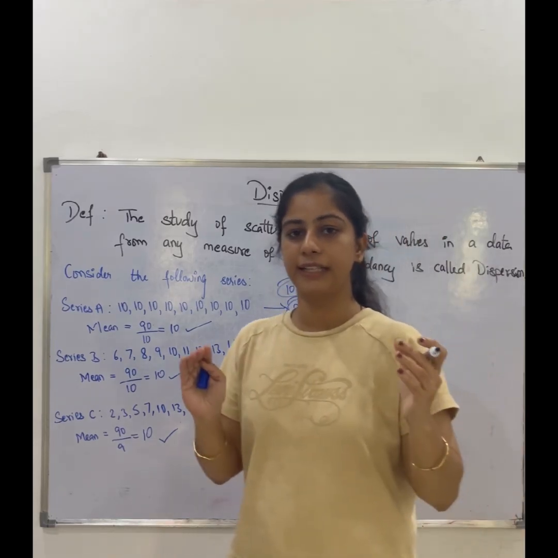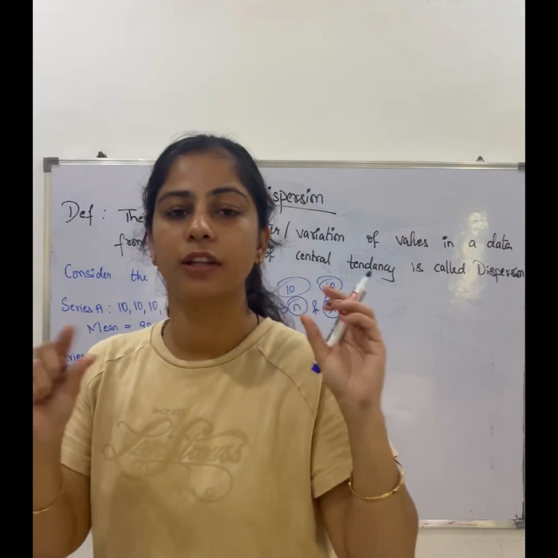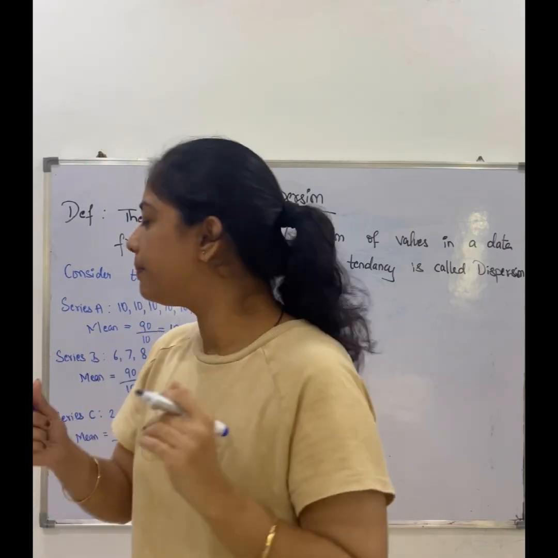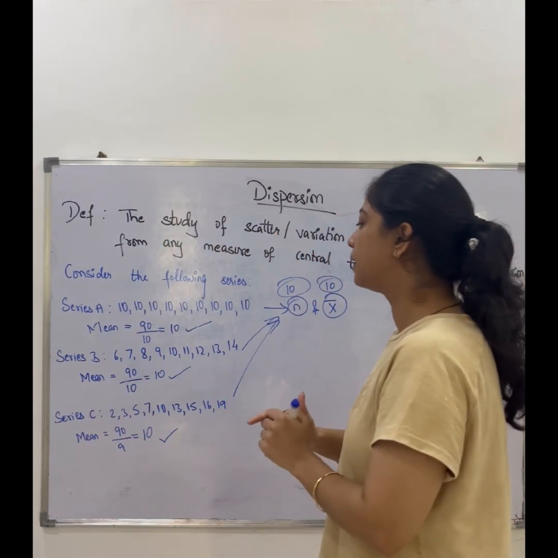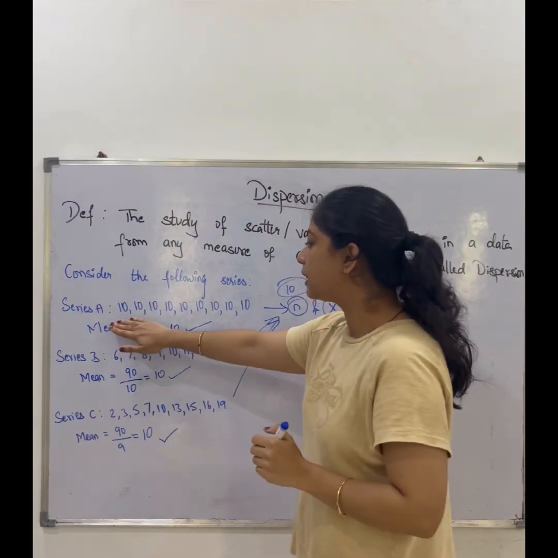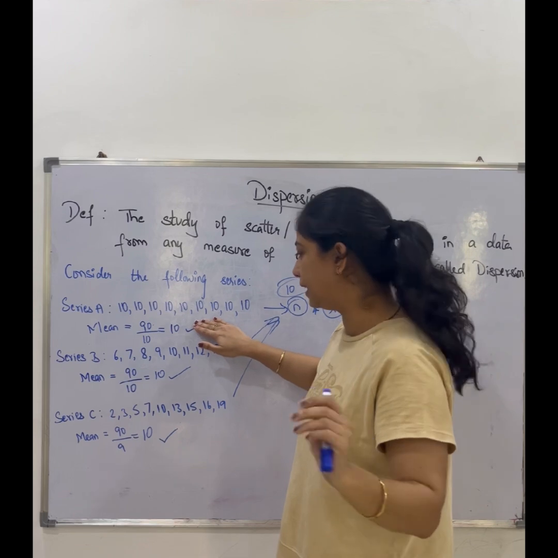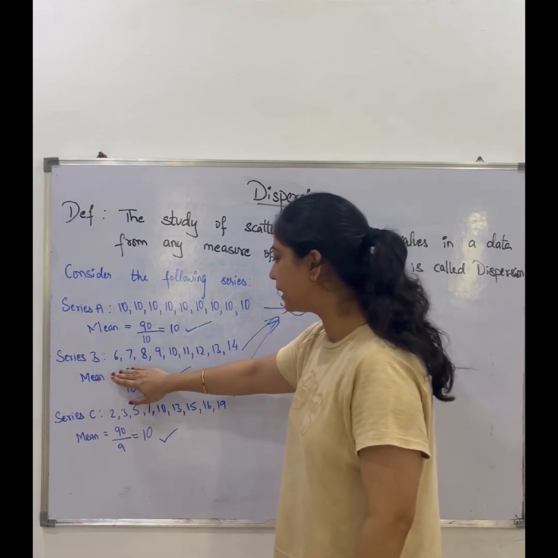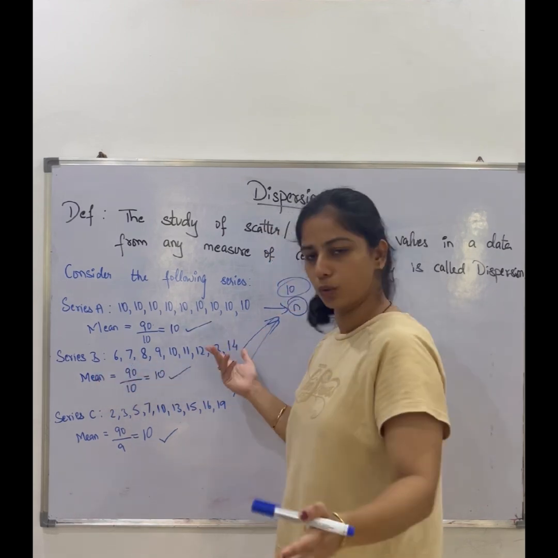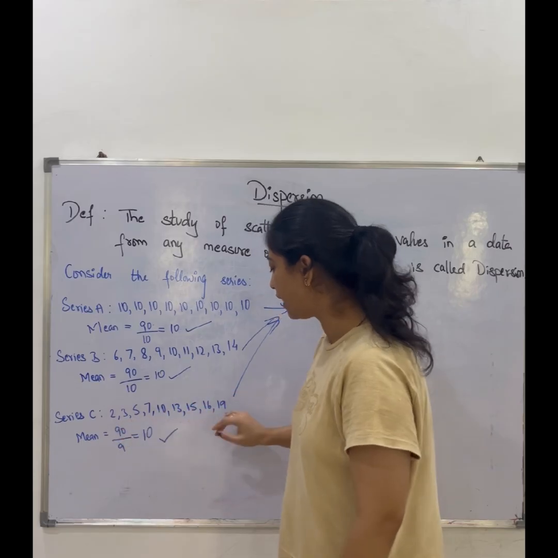What is different is the numbers or the given observations. Okay, the data available in all the three series. In the first series the data given to us are all 10, 10, 10 and 10. In the second series the data is 6, 7, 8, 9 and so on. In the third one it is 2, 3, 5 and so on.